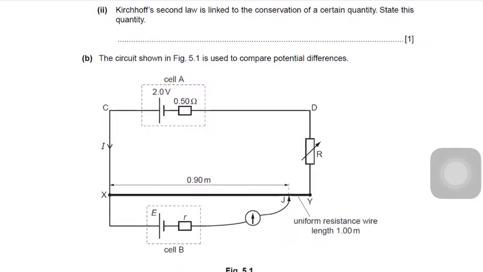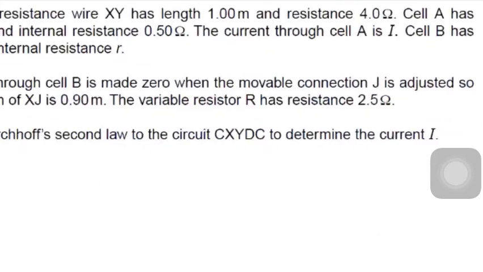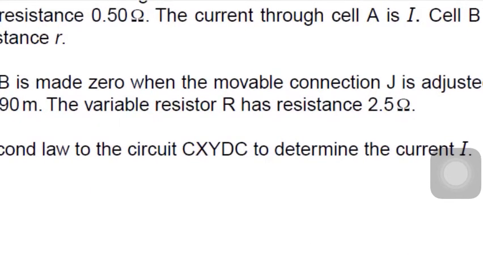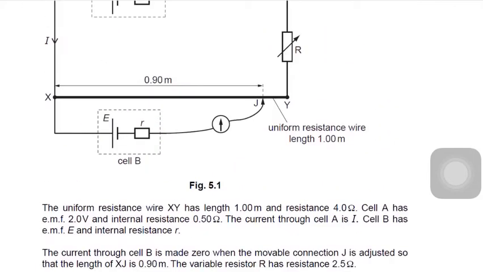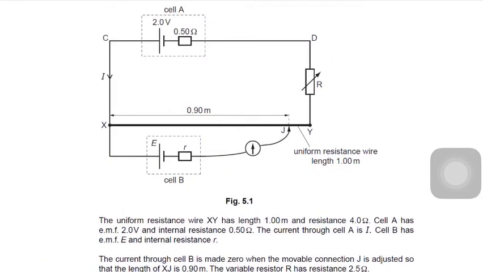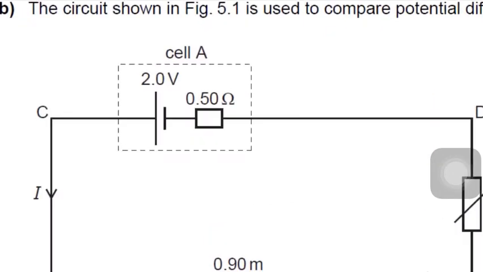So it's said here the variable resistor R has a resistance 2.5 ohms. So you have a 4 ohm, a 2.5, and you have this internal resistance, but basically an internal resistance for all practical uses we are treating like a resistor that's attached to the circuit. So that 0.5.